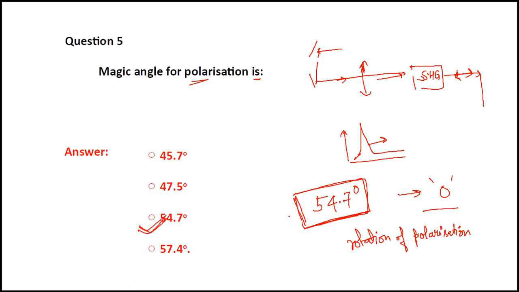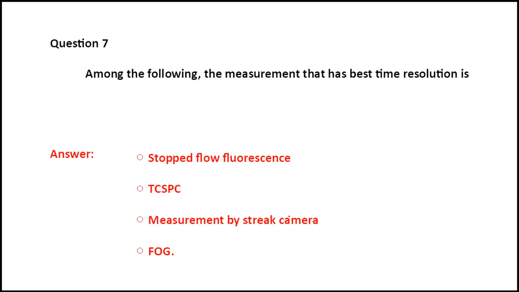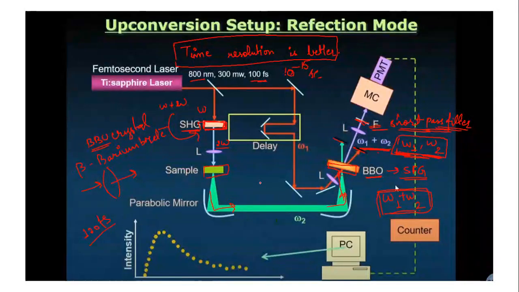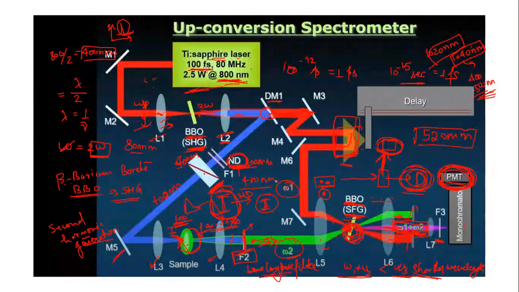And if you see in this instrument, I think that is somewhere here, this angle is 90 minus 54.7 degrees. We keep the sample at the magic angle.